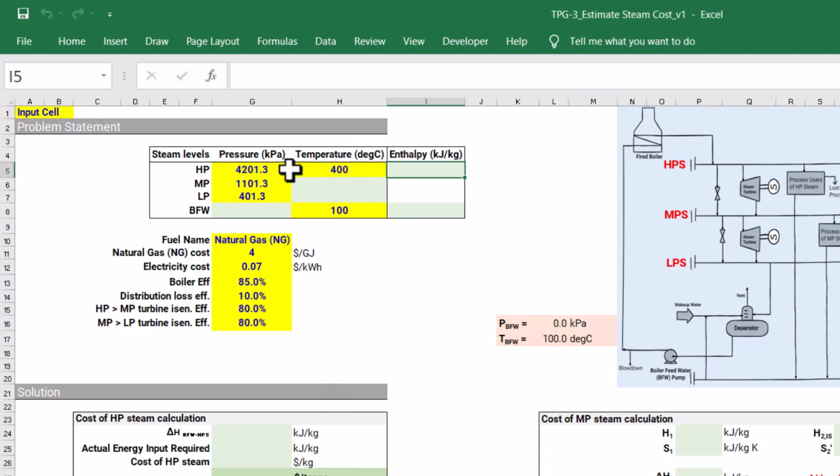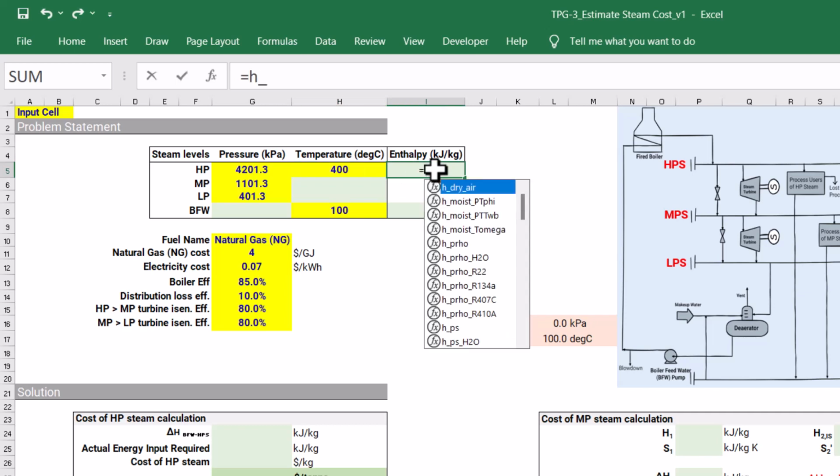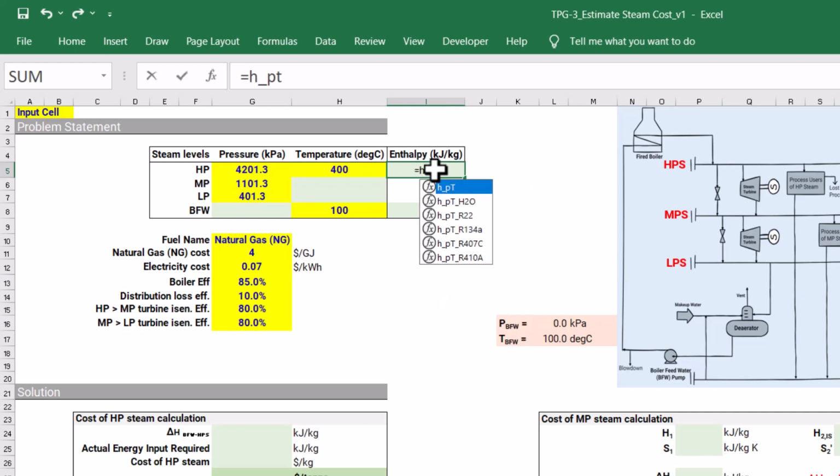First we are starting with the enthalpy associated with our high pressure steam. The pressure and temperature are both known to us. And as you know, this is the formula for enthalpy with pressure, temperature, and H2O, so it is for water.